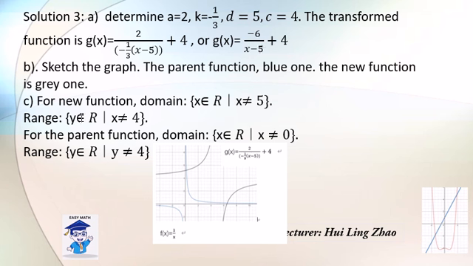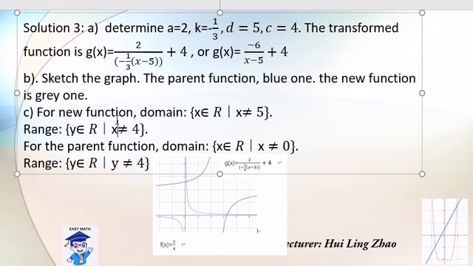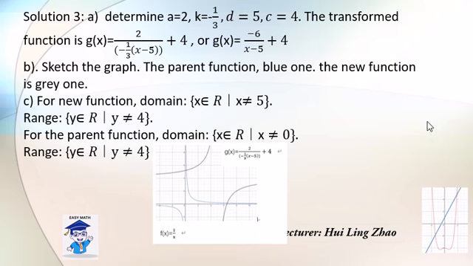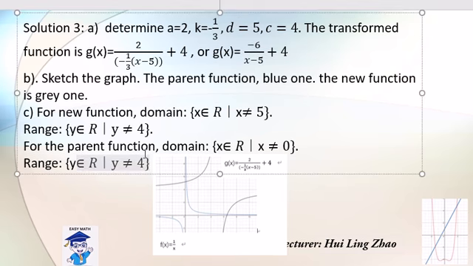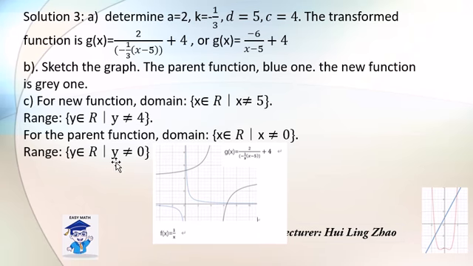And the range, y belongs to R and y cannot be 4. And for the parent function, the domain is x belongs to R and x not equal to 0. And the range is y belongs to R and y not equal to 0.